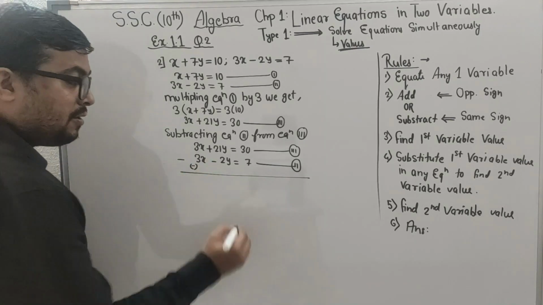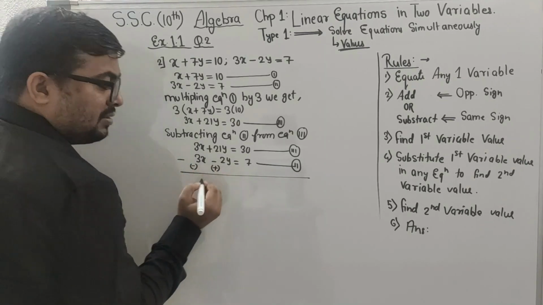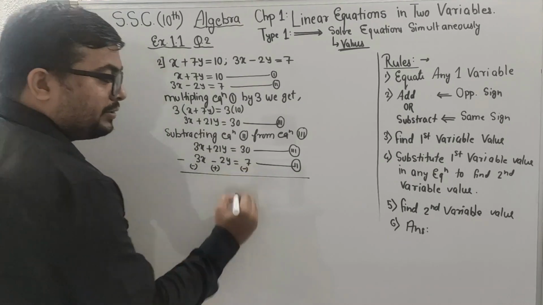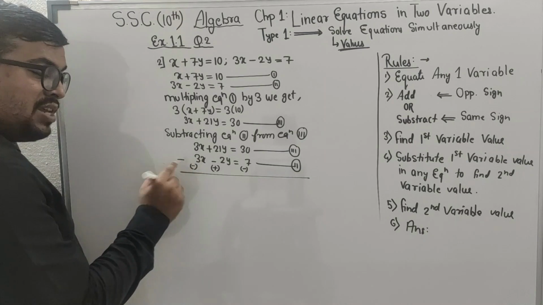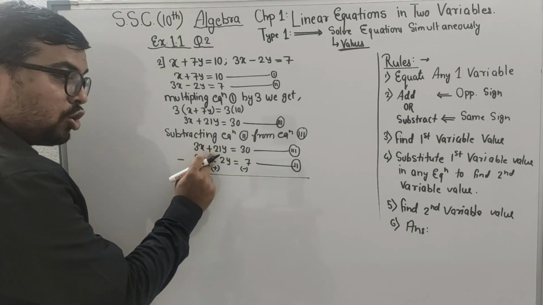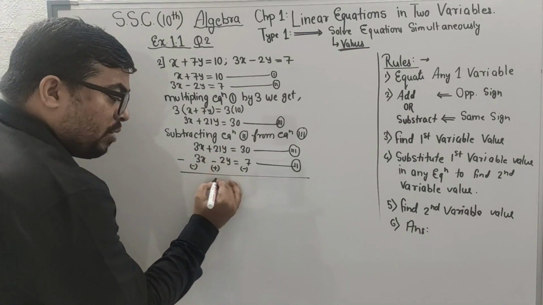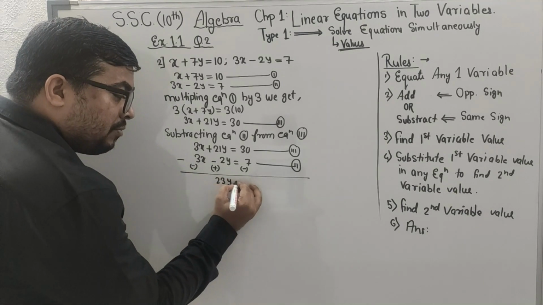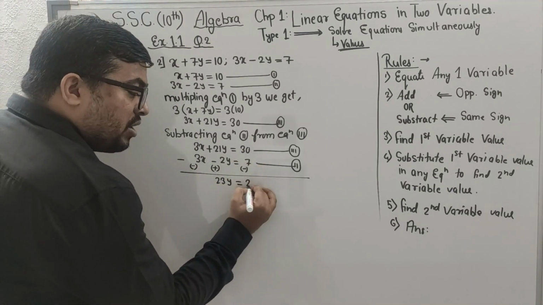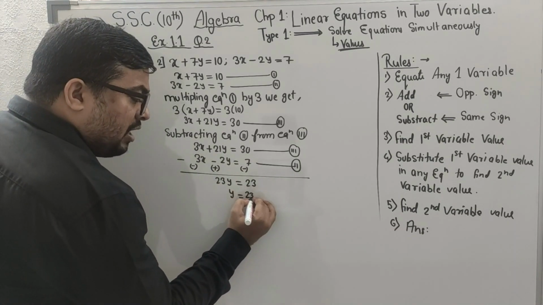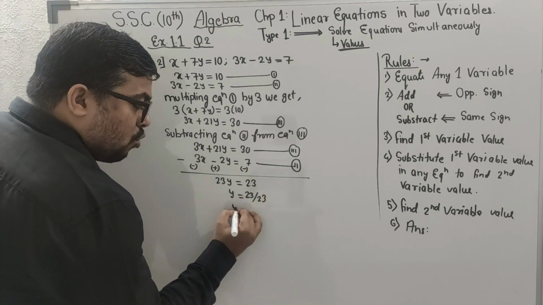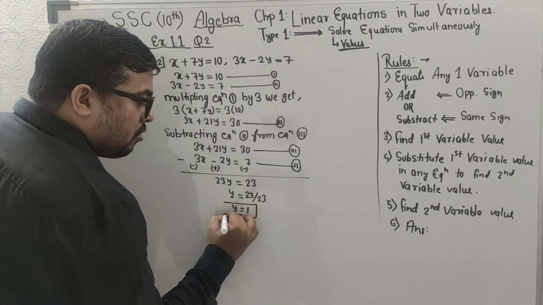This becomes minus, this will become plus, this will become minus. Okay students, 3x minus 3x cancelled. 21y plus 2y is 23y. 30 minus 7 is 23. y is equal to 23 divided by 23. y is equal to 1.